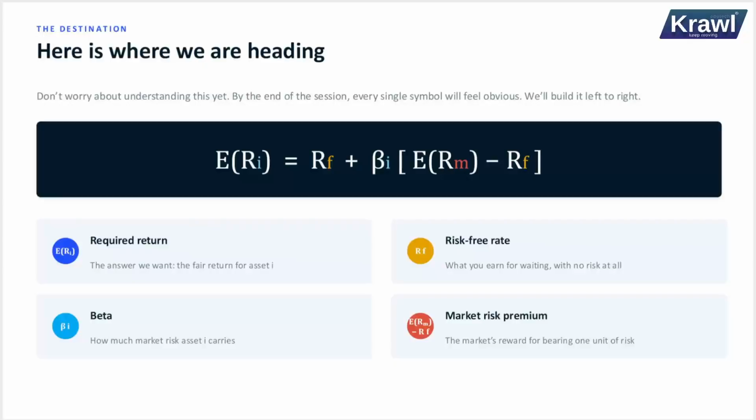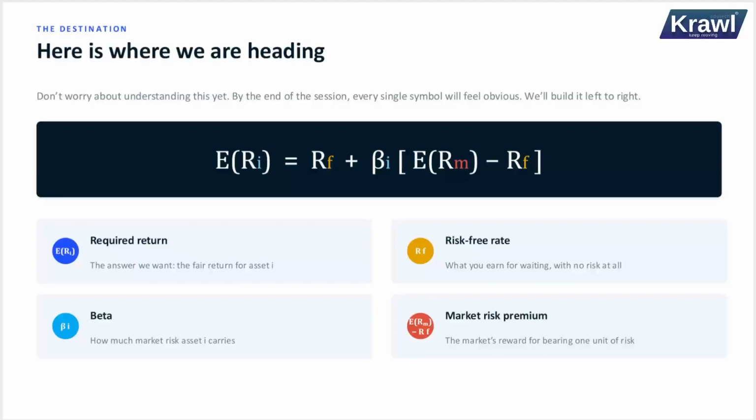Now look at the screen. E of R equals RF plus beta times the bracket E of R M minus RF. Let us get all of these numbers. What does each of these actually mean?